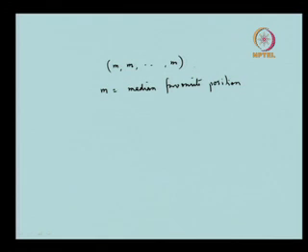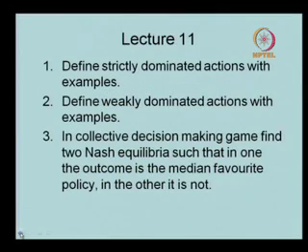This is a Nash equilibrium, because no one can deviate and change the outcome, because the choice then becomes M. So, that is what we had to provide.